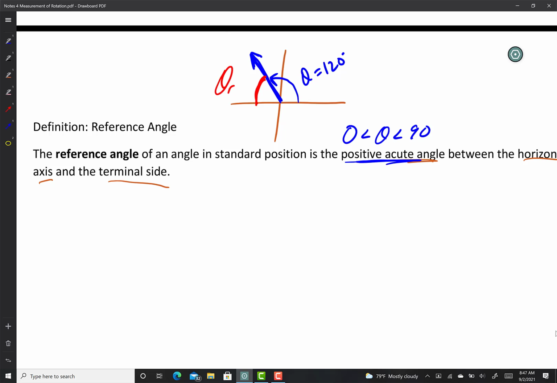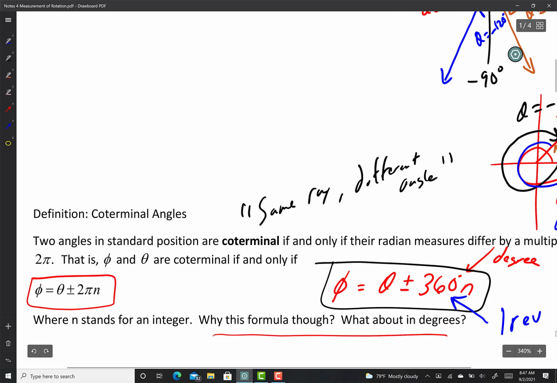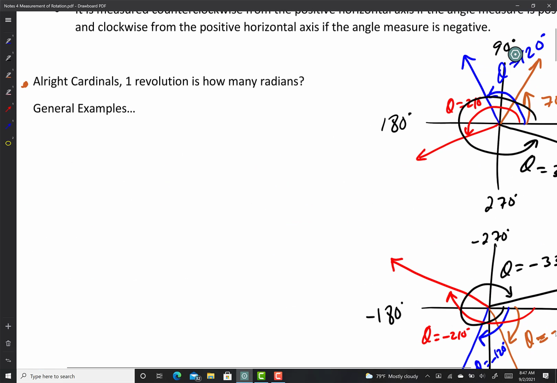All right, now, you guys are smart. How do I figure out that reference angle? I already know it's between 0 and 90 degrees. Good job. We said earlier that that axis was 180 degrees.